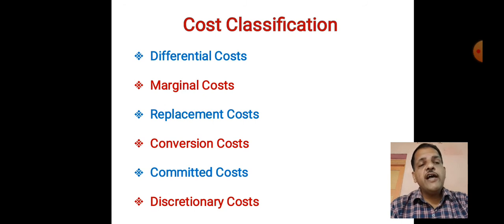If an organization has a good financial position and management has a strategy to capture more market, they can incur advertising expense or research and development expense for developing new products, searching for something new. So these costs depend on management decision, whether we have to incur or avoid them. They are called discretionary costs.